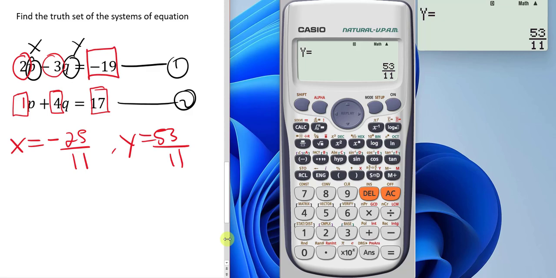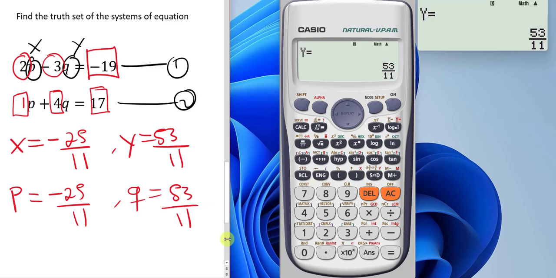But you have to note that the p represents your x and your q represents your y. So therefore, your p is -25/11, and your q is equal to 53/11.